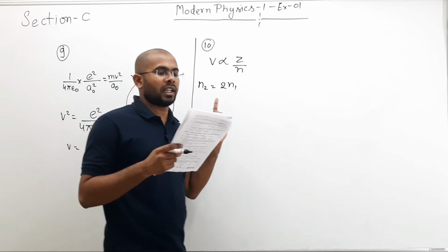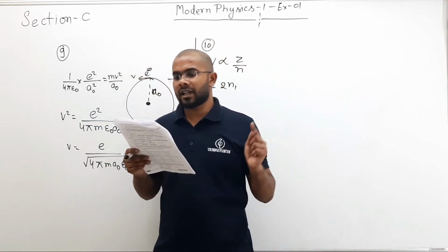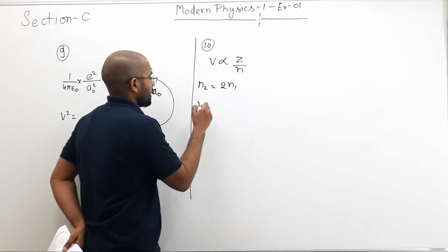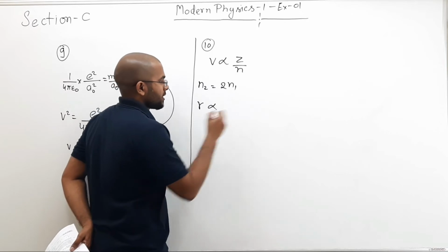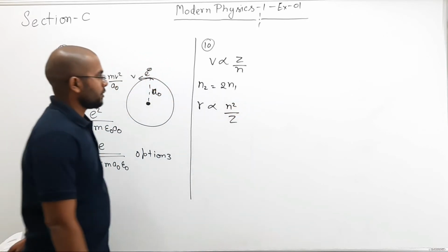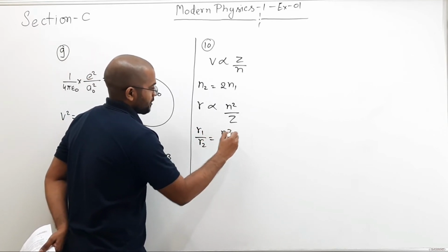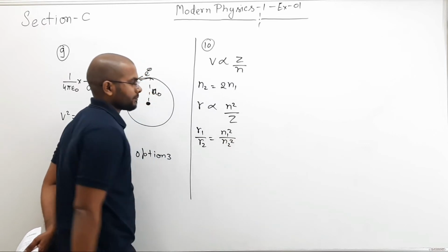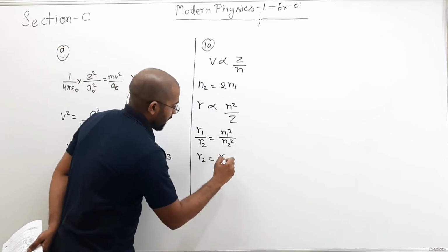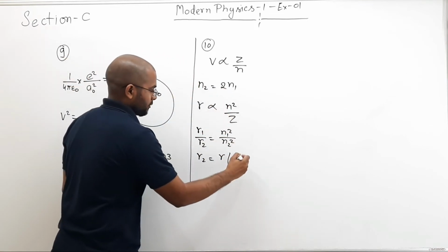If the radius of the electron orbit in the ground state is r, then the radius of the new orbit will be? You can also write that radius is proportional to n square by Z. So r1 by r2 will be equal to n1 square divided by n2 square. So r2 will be equal to r times (n2 by n1) square, and n2 by n1 is 2, so 2 square.